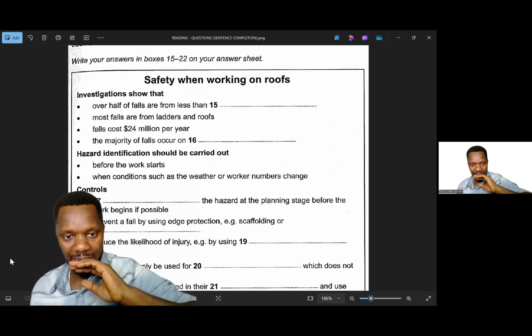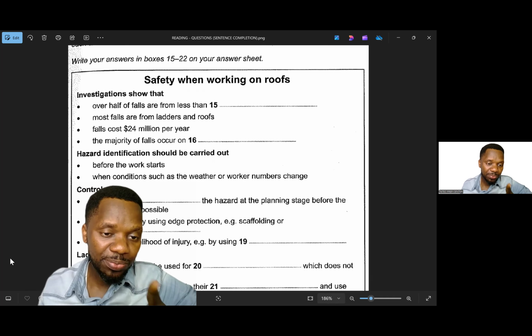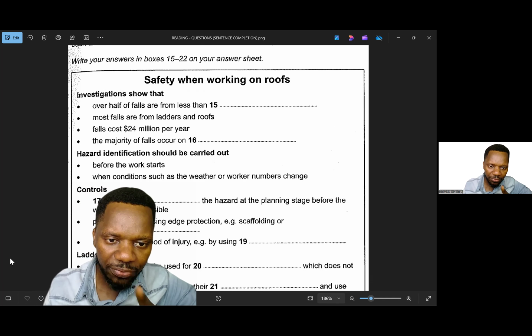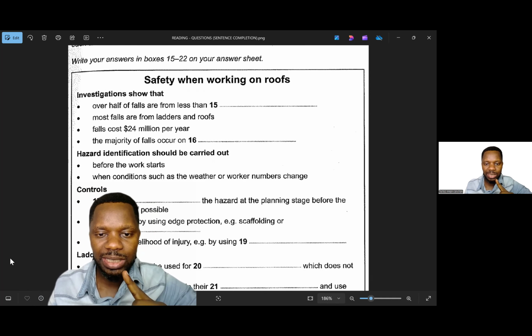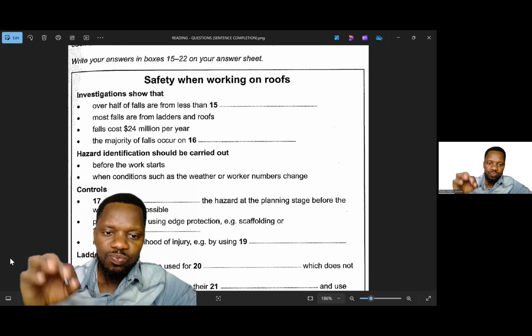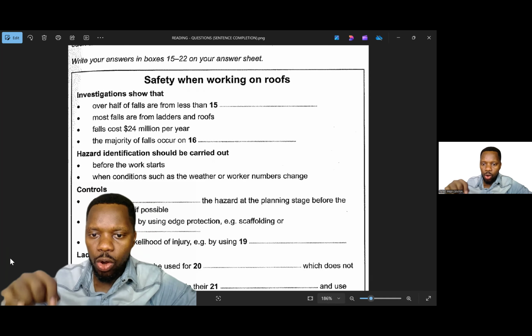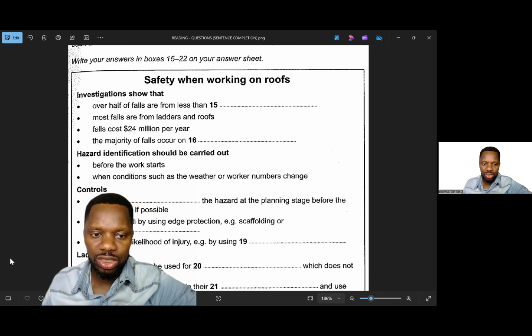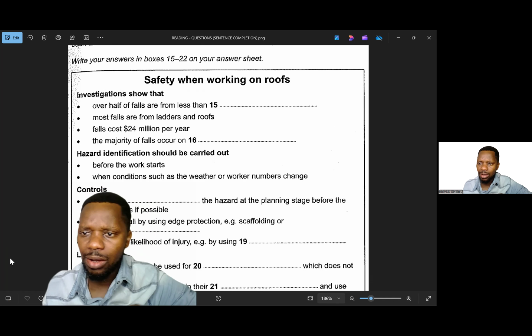The first bullet point says before the work starts. Second bullet point says when conditions such as the weather or worker numbers change. So hazard identification should also be carried out.